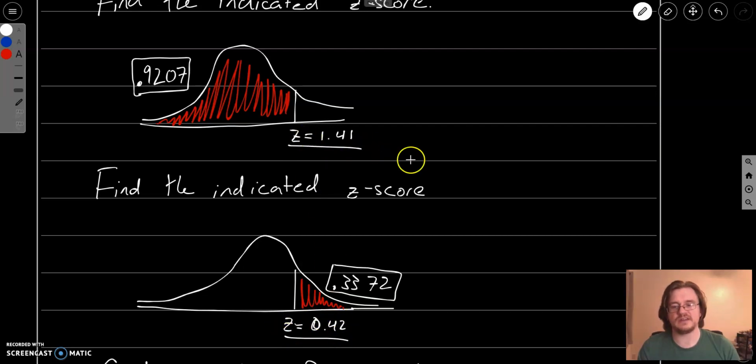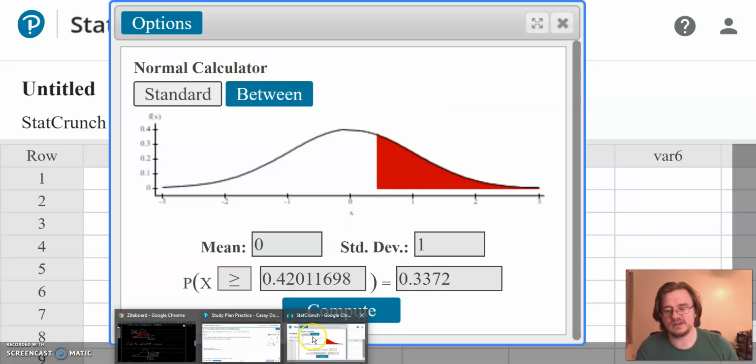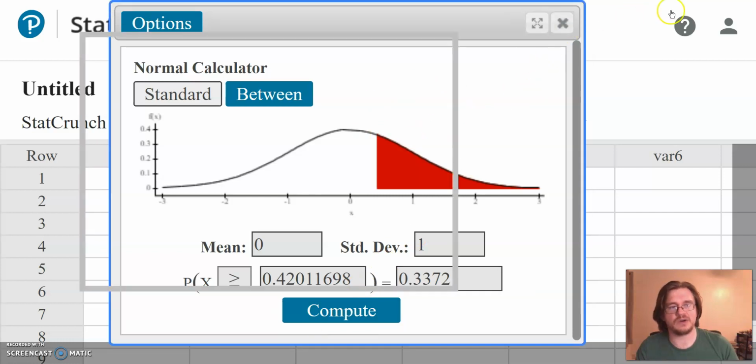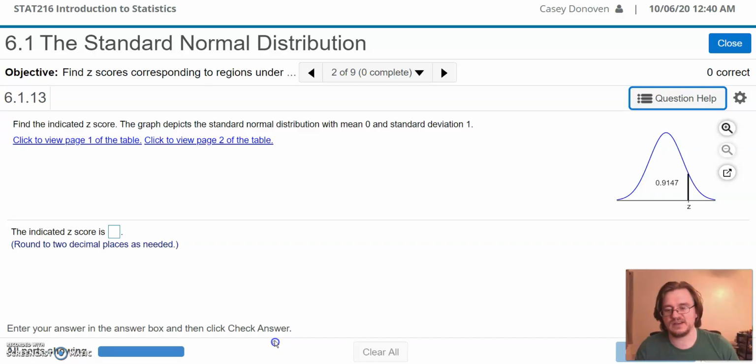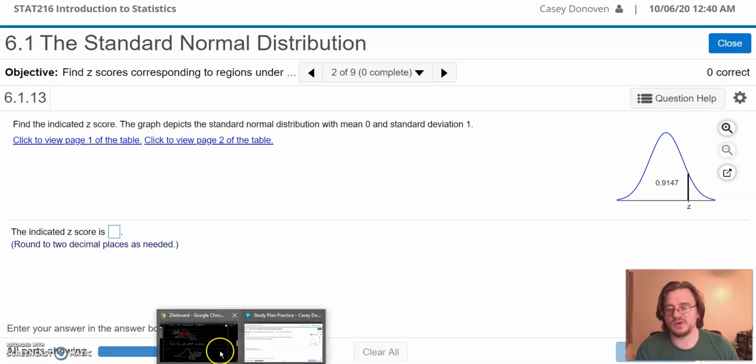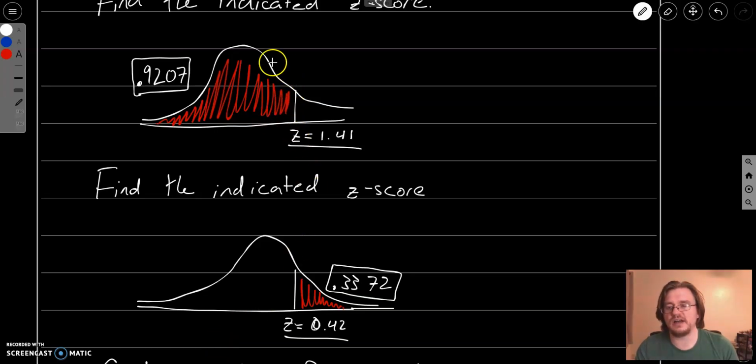And we can find our z-score. We can also use the table instead if we want. Instead of using our nice calculator, we go back to how they would have done this a long time ago, and look at tables. The first thing I'll notice is that this area is more than 50%.